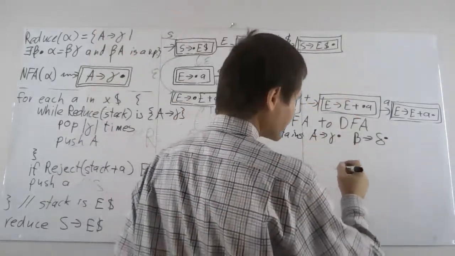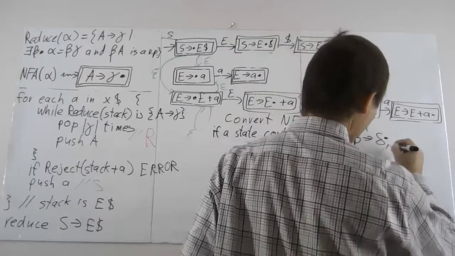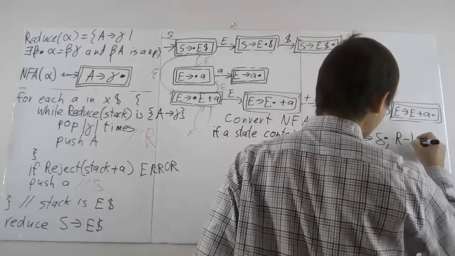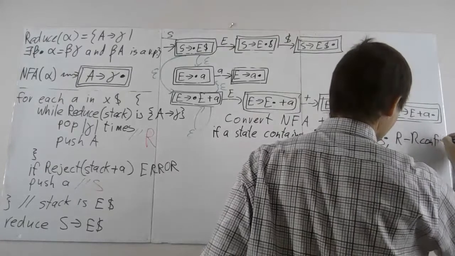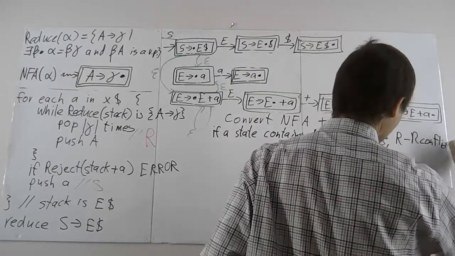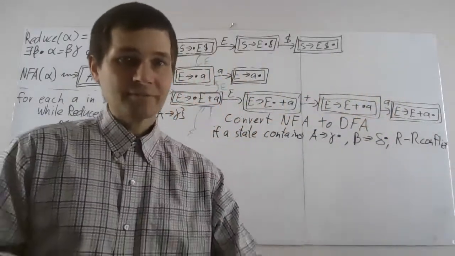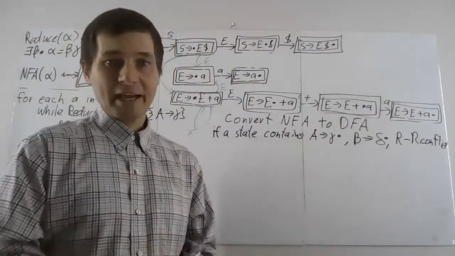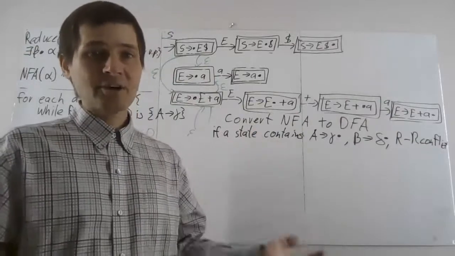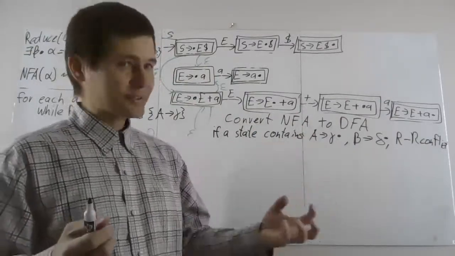Then that's a reduce conflict. So it's called a reduce conflict. Okay, and that means if the parser were to reach that state, it wouldn't know what to do. And so we're going to say that the grammar is not LR0 if it has such a conflict.